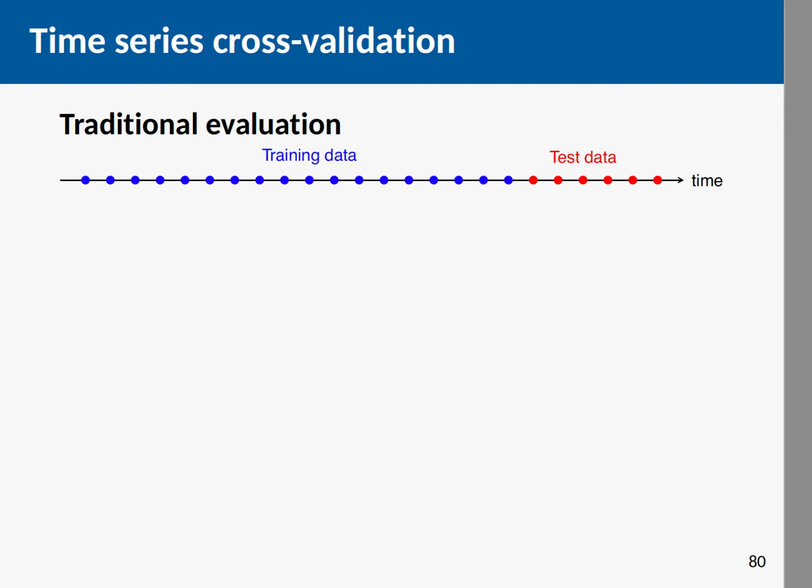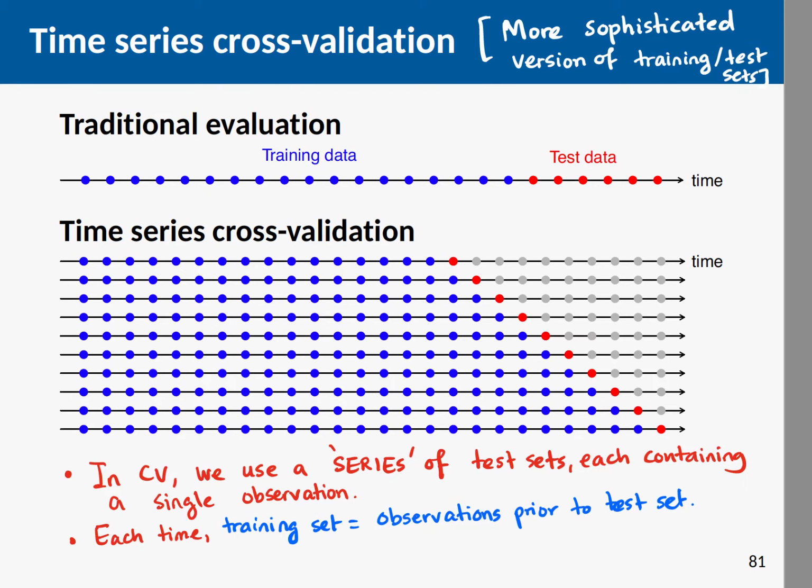When it comes to time series cross-validation, this looks a little bit different. What we do iteratively is that in cross-validation, we use a series of test sets, but each test set contains only a single observation. The red dots display the test sets, and you're forecasting iteratively.